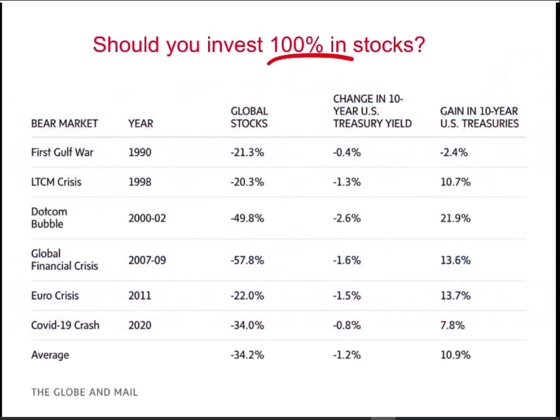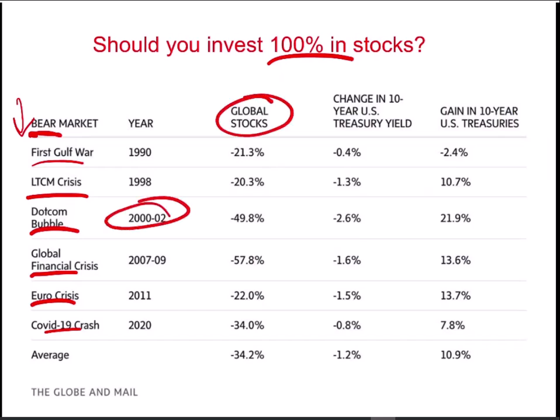So should you invest 100% in stock? These are bear markets, which means the stock market is going down, is what bear means. These are all these different crises, how long they lasted, and what their impact was on global stocks. This was a very depressing time for me, having a bunch of stocks in those times.